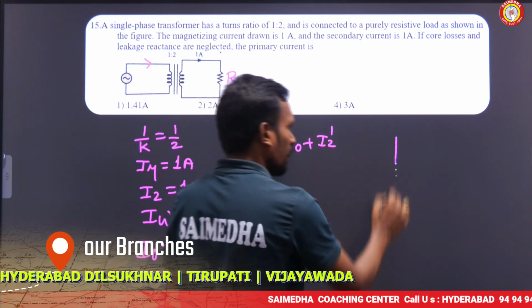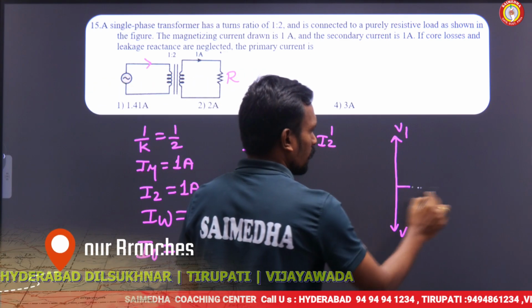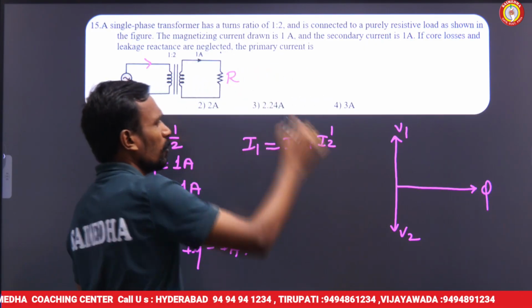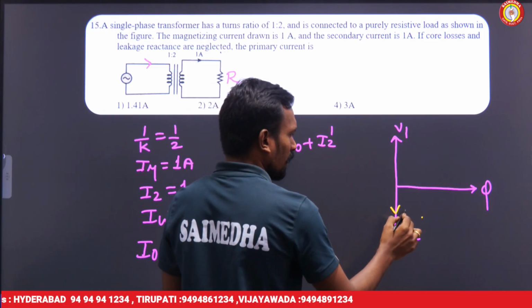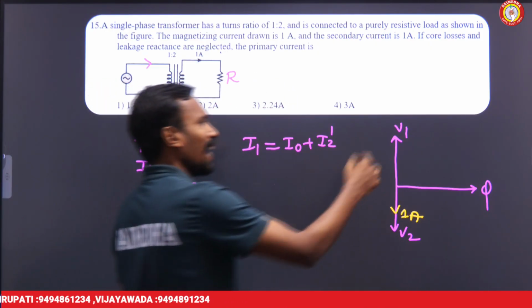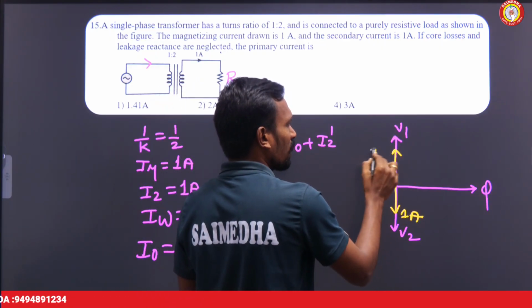For example, this is V1, this is V2, this is flux. Here it is a pure resistive load, that's why the current I2 is 1 ampere, and I1 I want, so this is 1 ampere, this is I2 dash.